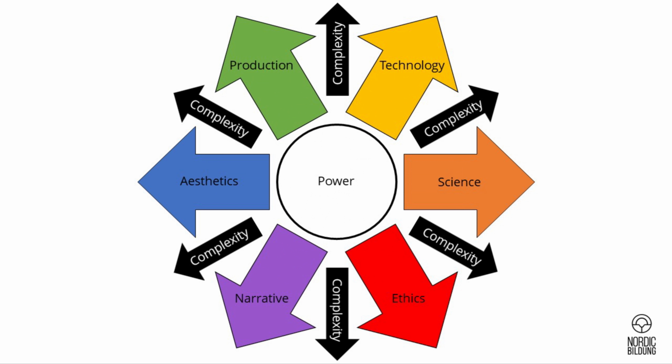The aesthetics and the science are two ways of exploring how we understand the world. And they have different work methods. Science tries to figure out, so what is the world like? And it takes everything apart in order to find the bits and pieces and explain why things work the way that they do. Aesthetics and also narrative, they take stuff from the world and put it together in order to create new meaning.